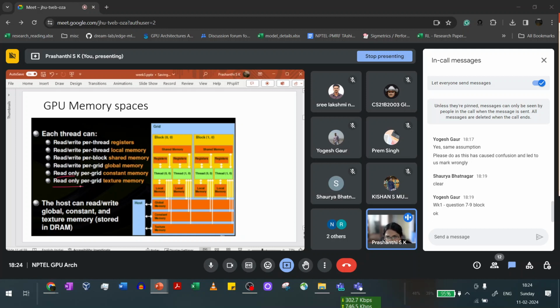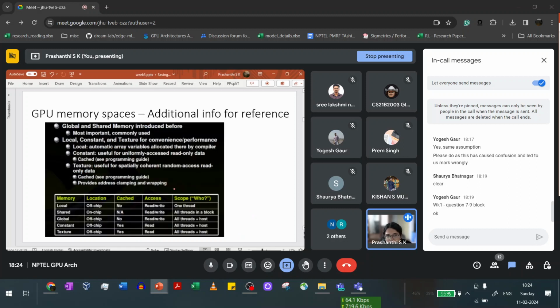Like I said, this is all additional information which you don't necessarily need to know, but if you are curious you can refer to this, and I've given a little more information in this slide which we won't go through. In case you're curious about what local memory is used for, or what constant memory or texture memory is used for, these definitions will help you understand that.